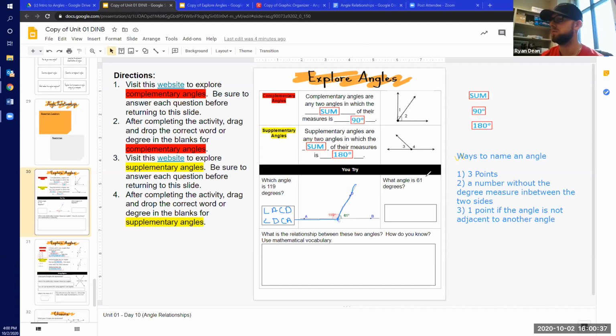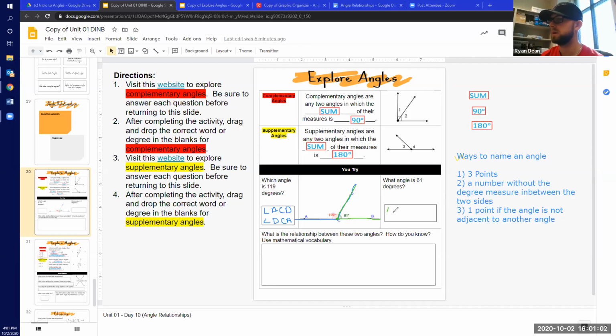Okay, now the second question over here says, what angle is 61 degrees? So if I want to figure out that angle, 61 degrees is right here. I did it in green. So the green makes up the 61 degrees. Here's the vertex again, because this is where the two sides of the angle meet.